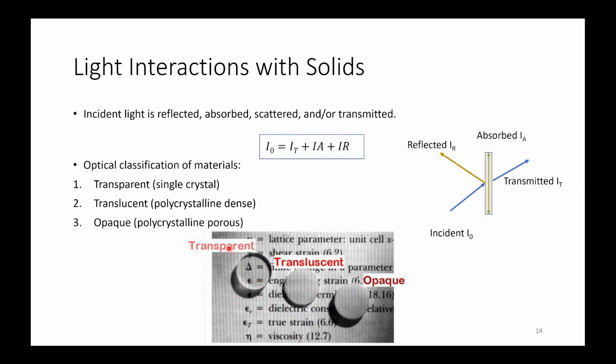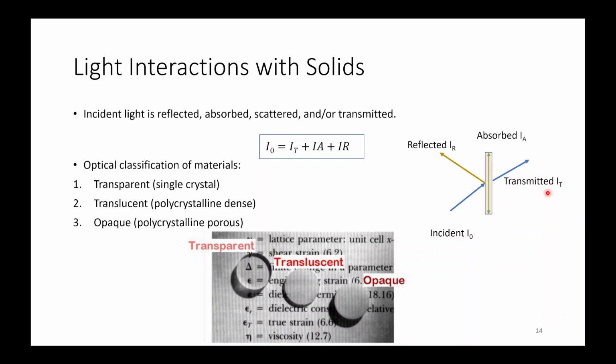Light interactions with solids. Incident light is reflected, absorbed, scattered and transmitted. Here, if a light ray is going onto some object, some part of it will be reflected. Depending on the properties of this material, some part of this ray will be absorbed, which is shown here, and some part of it will be transmitted through.